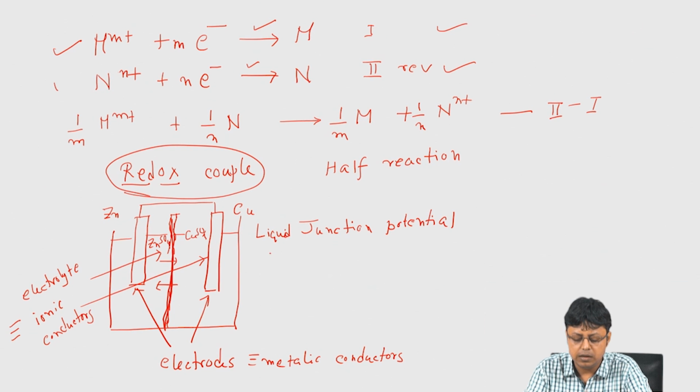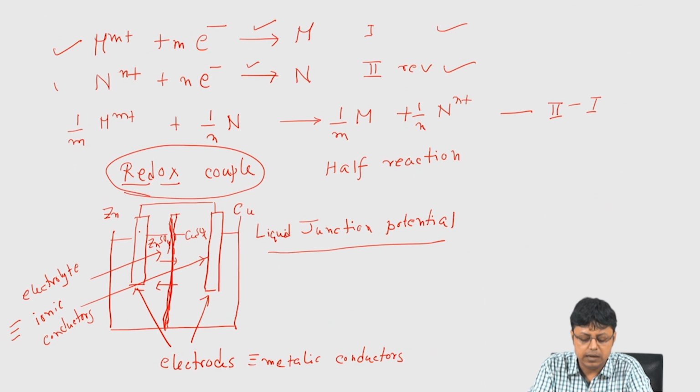So, we usually want to eliminate that. The reason is we want to only concentrate on the potential difference which is created at the electrodes. So, we will only consider the potential difference between this zinc electrode and the copper electrode.